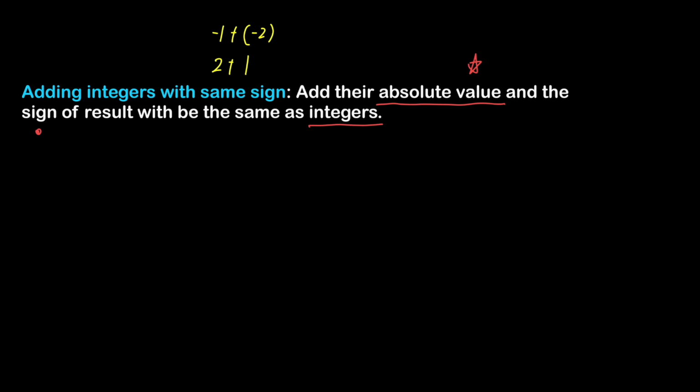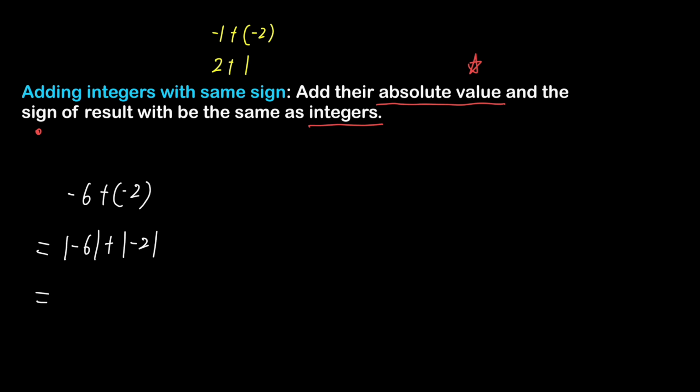Let's say I have negative 6 plus negative 2. So they are the same sign. They are both negative. To add them, we're going to add their absolute values. That's the first rule. Absolute value of negative 6 plus absolute value of negative 2.